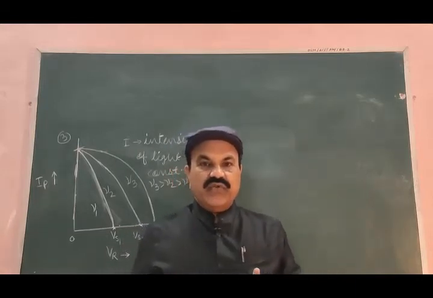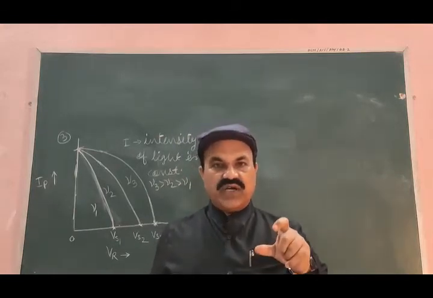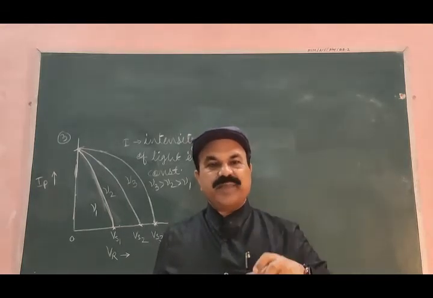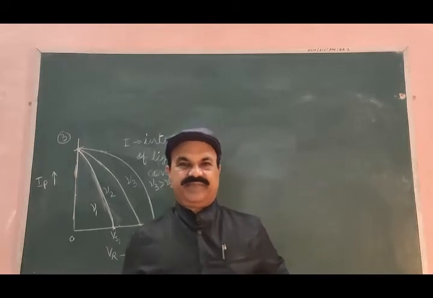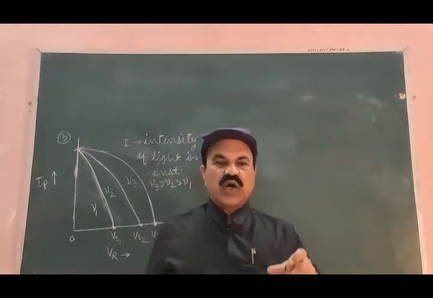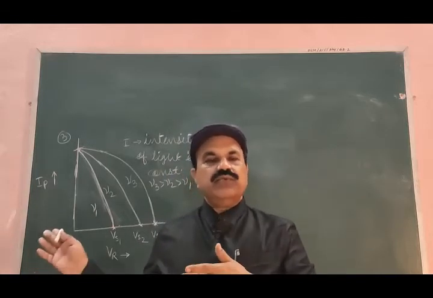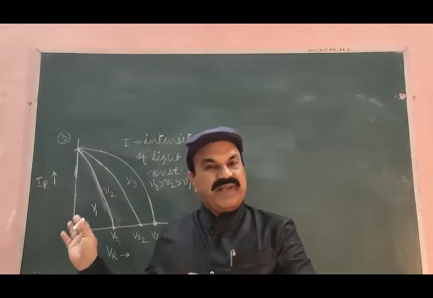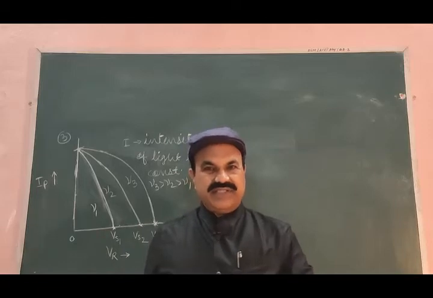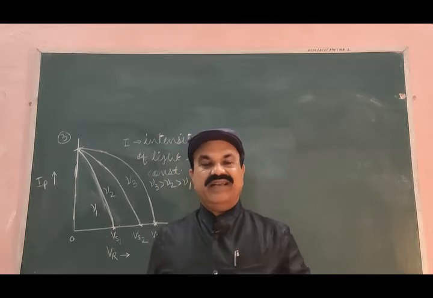This is a very, very important conclusion, because these two things are not explained by the wave theory of light. Instead, the help of quantum theory of light has to be taken to explain them, and that is the name of this chapter: particle nature of wave.